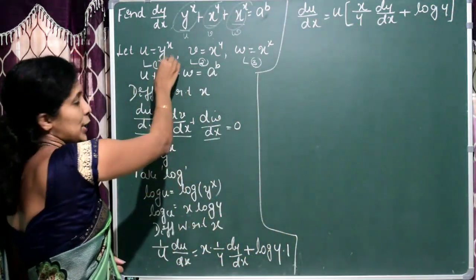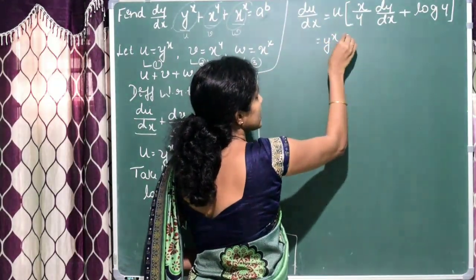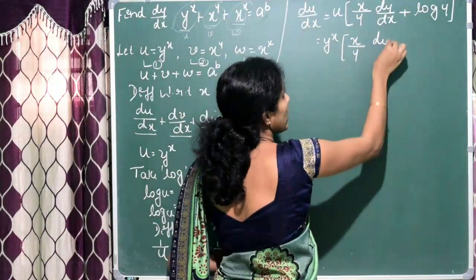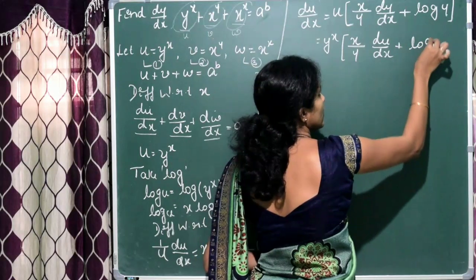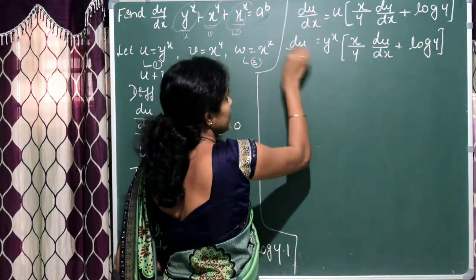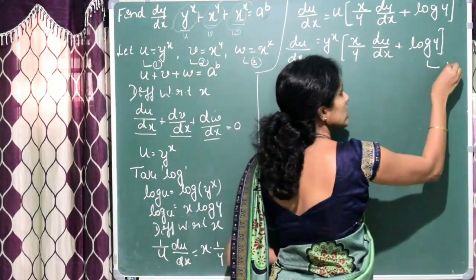What is u? y to the power x. So this is equal to y to the power x into x divided by y dy by dx plus log y. We got one equation, we got du by dx, the derivative of u with respect to x. We'll consider this one as 4.